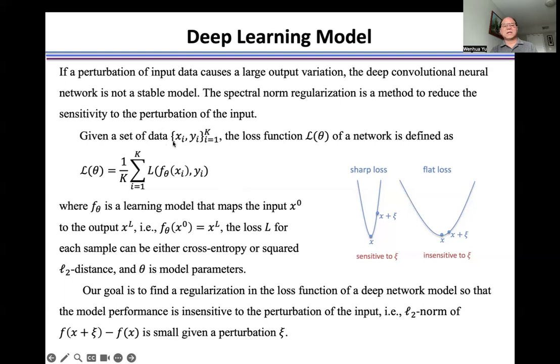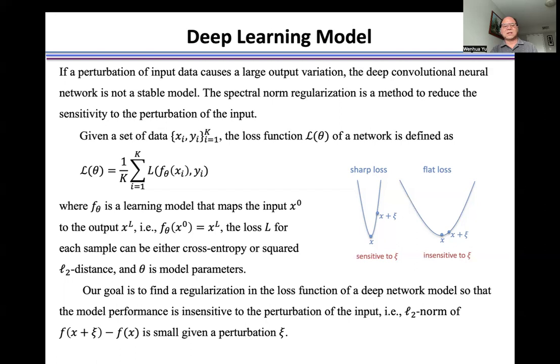Given a set of data x and y, the loss function L of a network is defined as the average of loss for each example, where F is a learning model that maps the input x0 to the output xl. The loss L for each example can be either cross entropy or squared L2 distance, and theta is the model parameters.